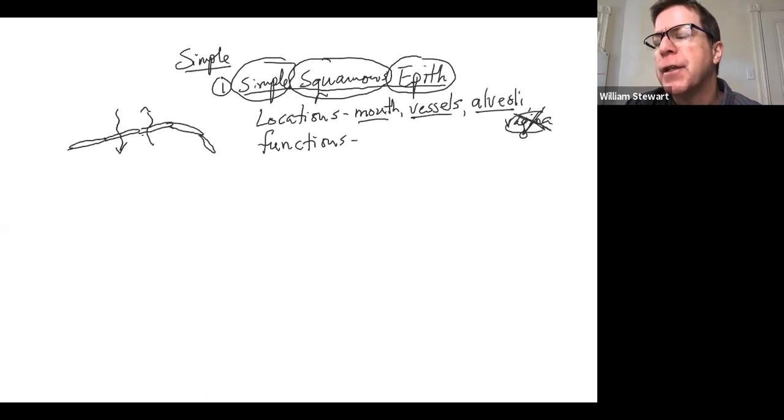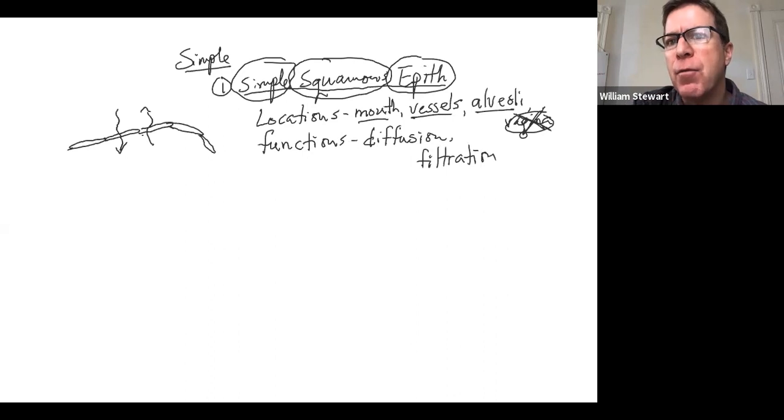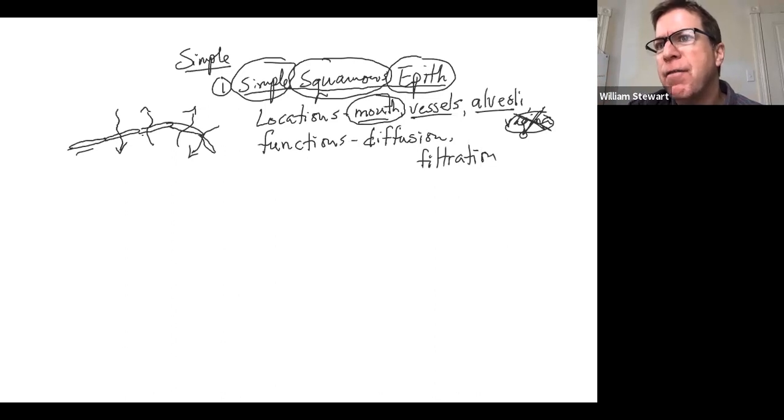The functions of this are diffusion and filtration. Those two words are almost the same, and they refer to these arrows I've drawn, things moving across this membrane. So lining our mouth is this thin wall of cells. The vessels and alveoli in our lungs are also very thinly lined with this tissue.